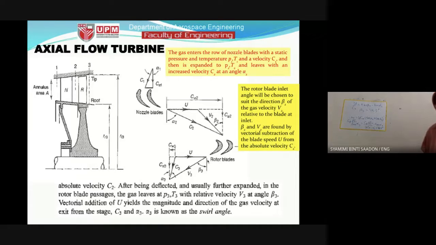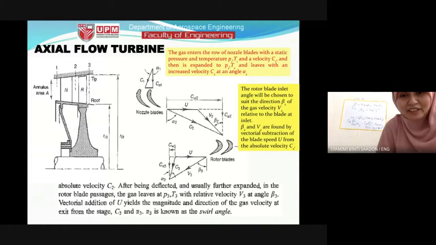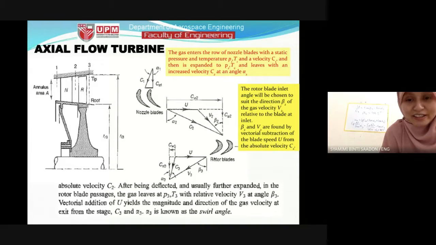After the exit of the rotor, we know the relative velocity. Remember, the rotor is the one that is rotating, does work and converts kinetic energy. When exiting the rotor blades, the fluid will have a certain velocity, called the relative velocity, because the velocity of the fluid exiting the rotor depends on the rotational speed.